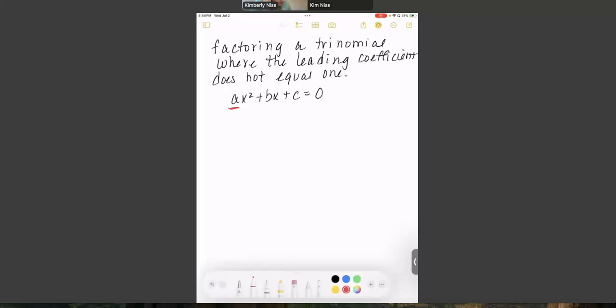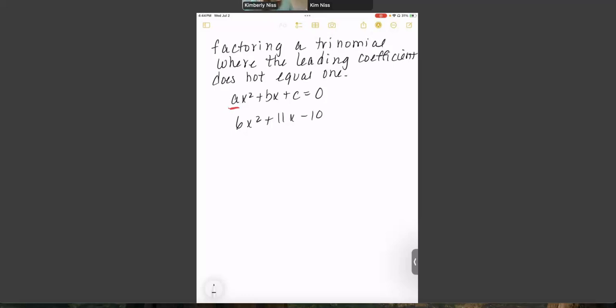And so that makes it a little bit trickier. And so the example that we're going to go through today is going to be 6x squared plus 11x minus 10. So let me just walk you through a little bit about this topic first before we go through this example.